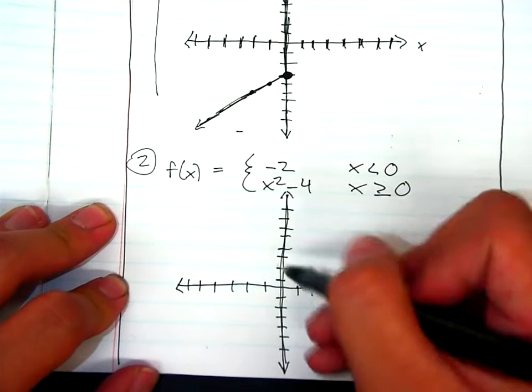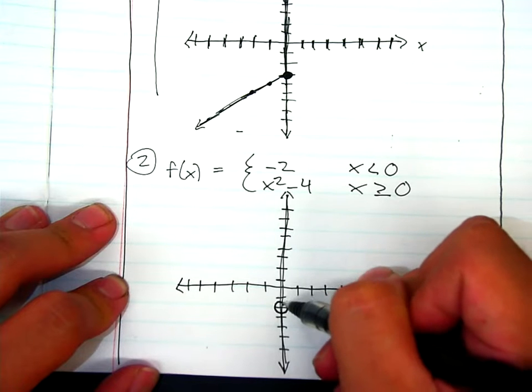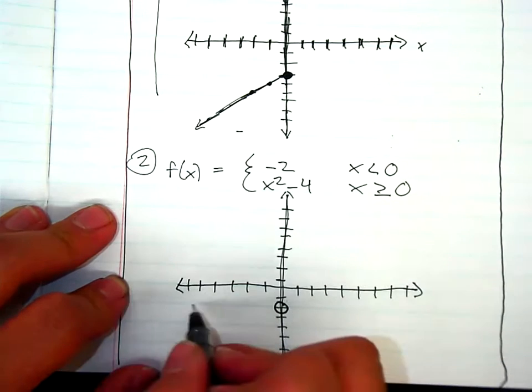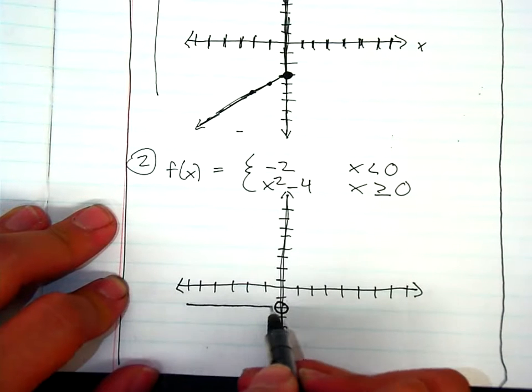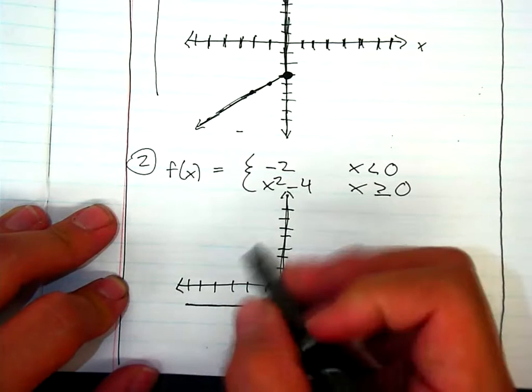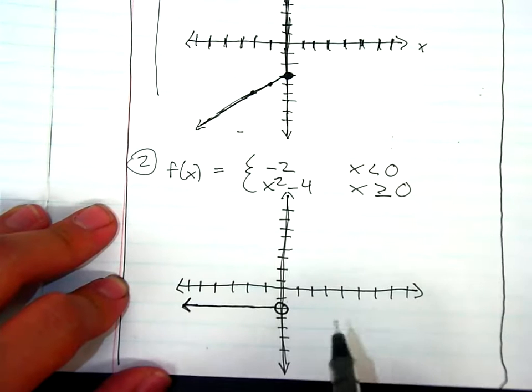So starting at 0, I'm going to go down here to negative 2. And because it's not defined at that particular domain, we're going to have an open circle once again. Then, because it's just a negative 2, I have a horizontal line going straight through negative 2. So that's the first piece of this function.